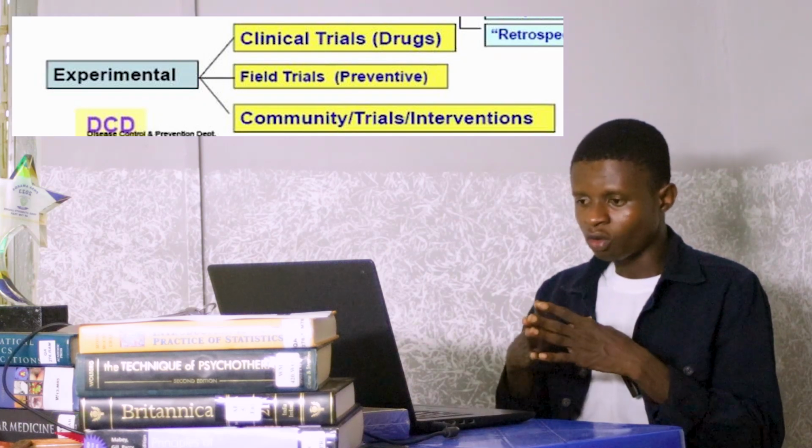And then we have community trial. So that one too is an intervention, but it is conducted in a large population, in a large community that includes a lot of people in the study.